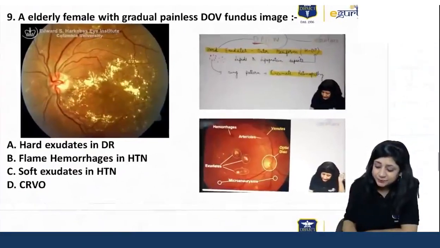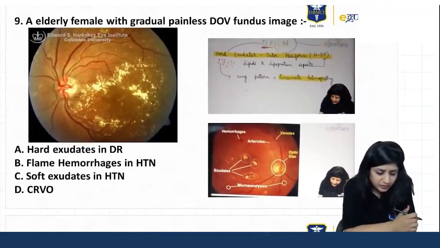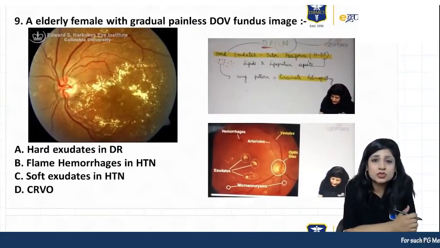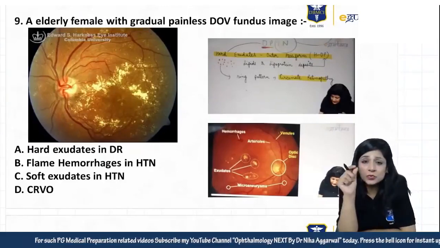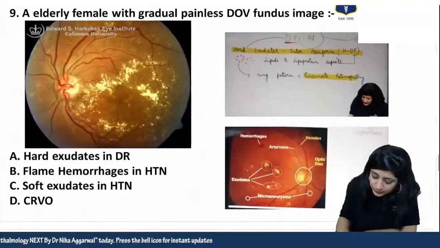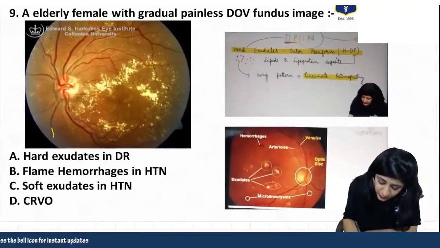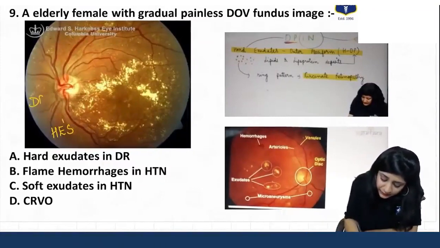Question number 9. There was a fundus image which was showing only the exudates. Most of the people said that the exudates were smaller in size. So most probably they will be hard exudates, and hard exudates means diabetic retinopathy.